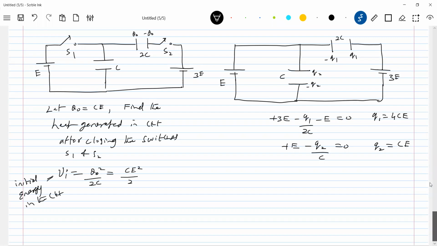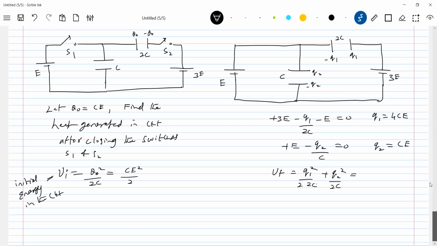Then the final energy in the circuit: Q1 square by 2C plus Q2 square by 2C. Q naught is CE, no?